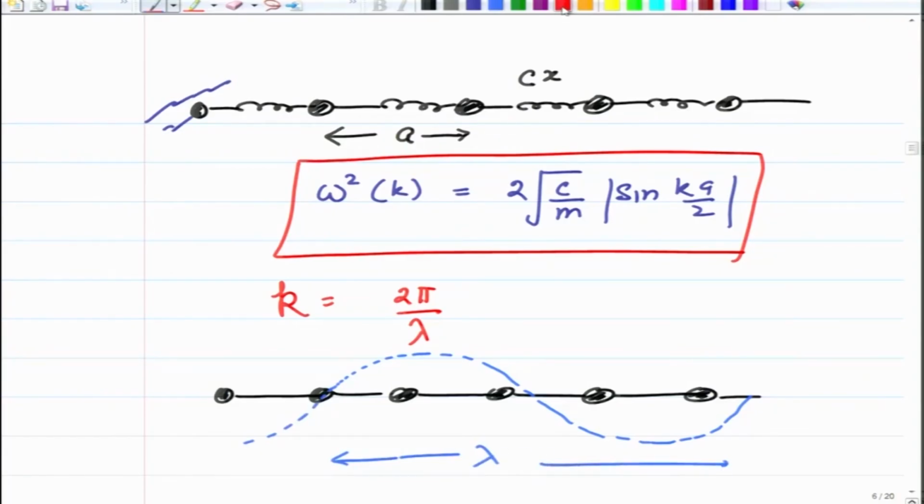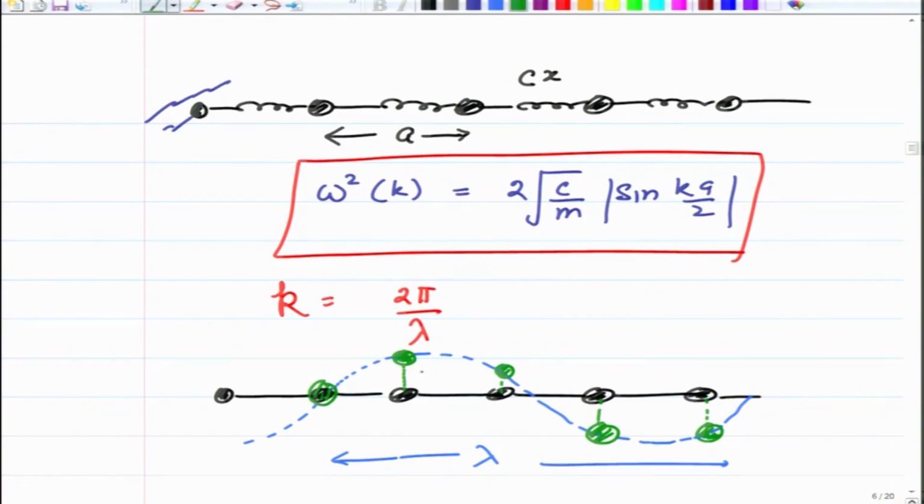Then these atoms, let me now show it in a different color. The atoms would be displaced at each point, and let me show it in green. This atom remains where it is. This atom would be displaced here. This atom would be displaced here. This atom would be displaced down here. This atom would be displaced here, and so on. In the whole chain, these atoms will be displaced like this, and they would be oscillating just like in a wave.